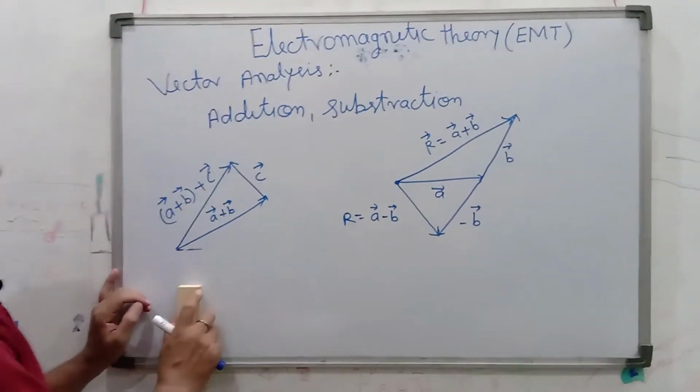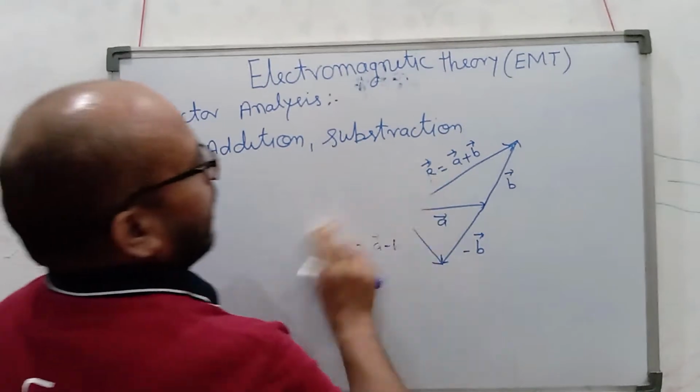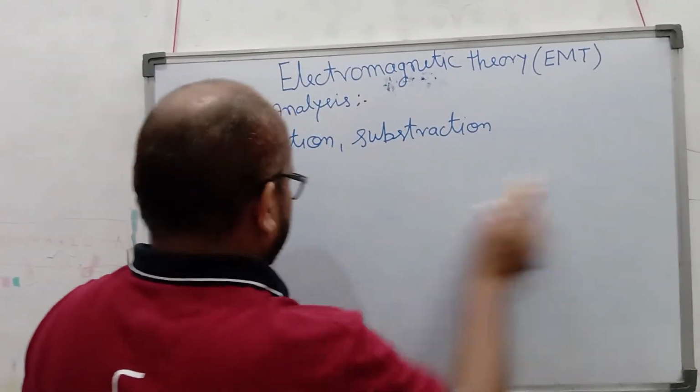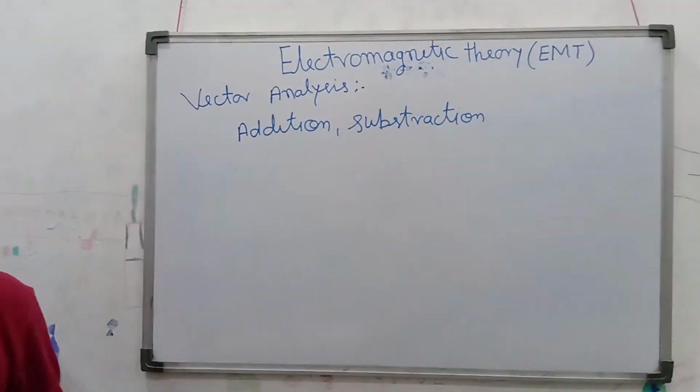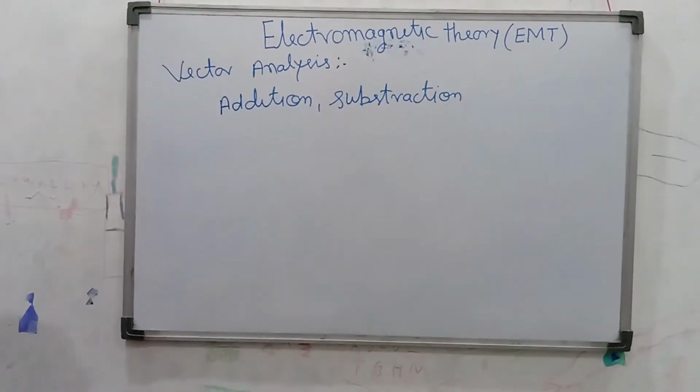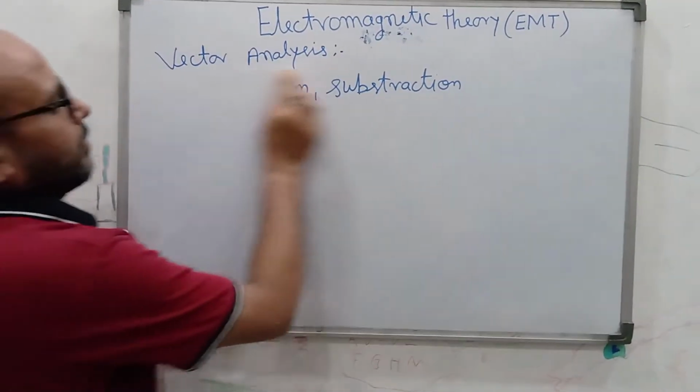After this, vector addition also follows the commutative property and associative property.